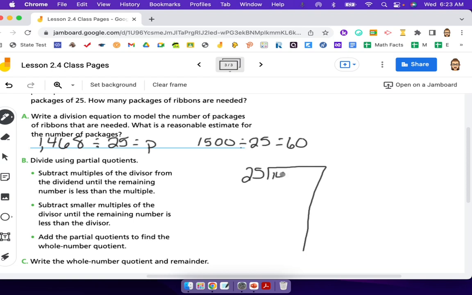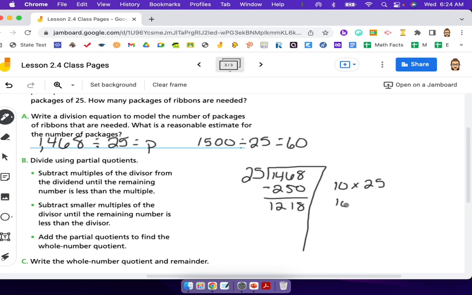So I write my problem. And if you don't know where else to start, you can start with the 10, just like we did with the area model. We know that's 250. Let me subtract.